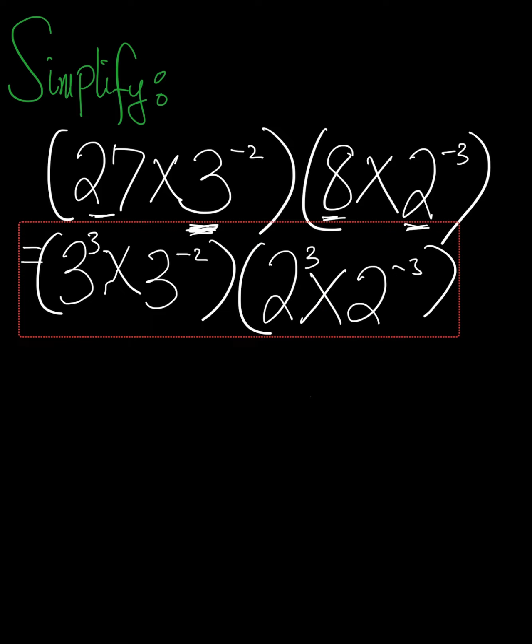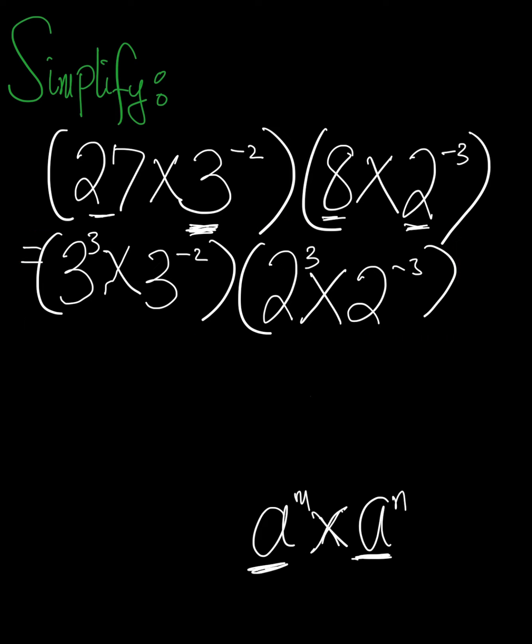Now we're going to use the indices law: a to the power m multiplied by a to the power n. If this base is the same as this base and the operation sign in the middle is multiplication, we add the exponents, a to the power m plus n, in that particular order. All right, so keep that law in mind.